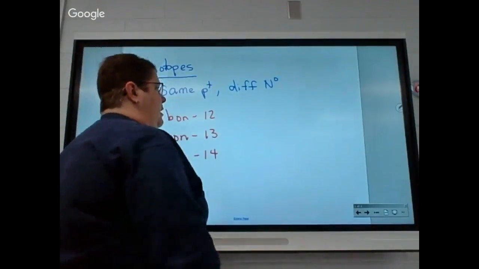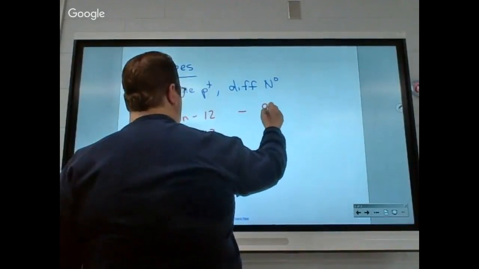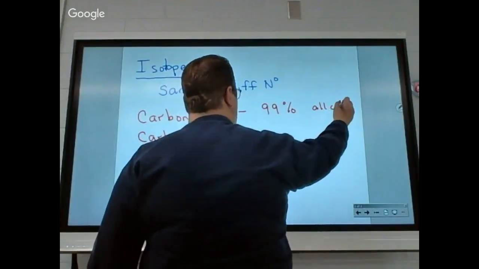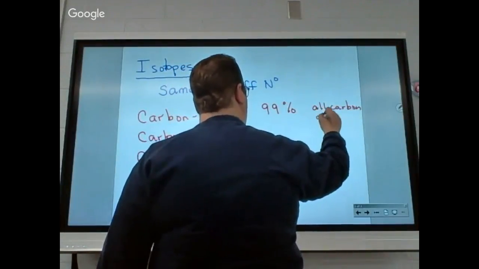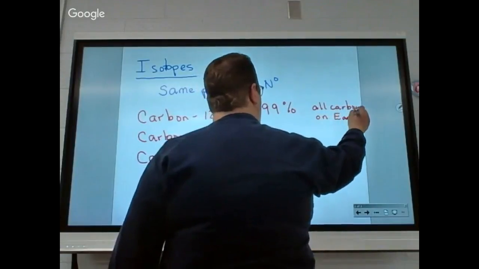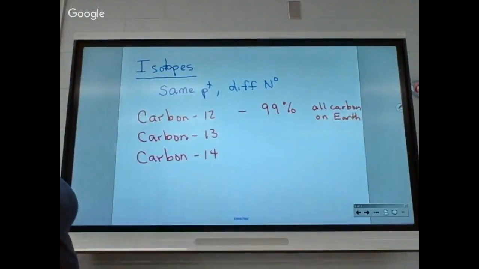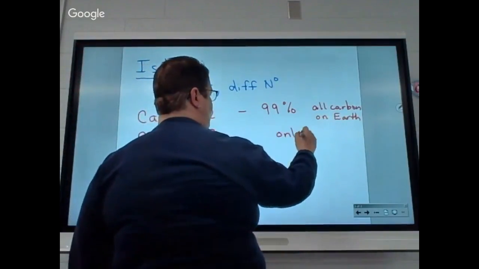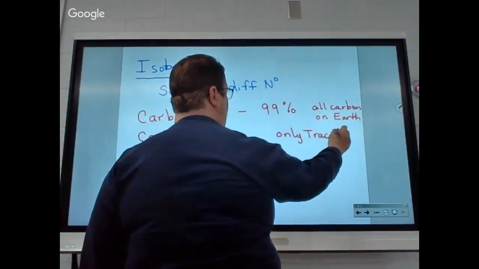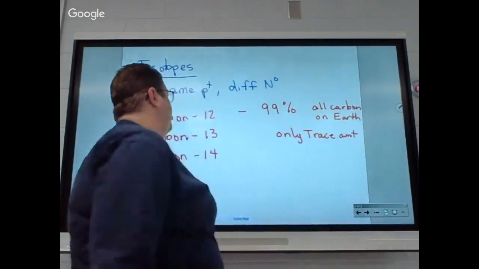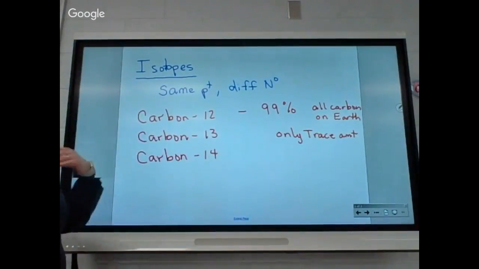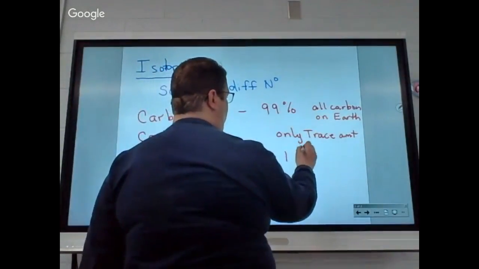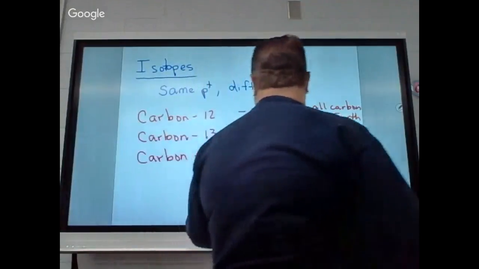Now, 99% of all the carbon on the earth is carbon 12. Carbon 13 only has a trace amount. And roughly 1% is carbon 14.